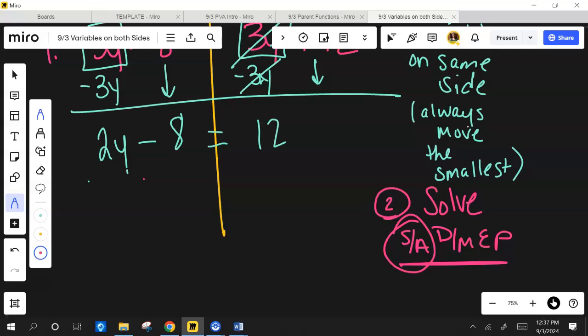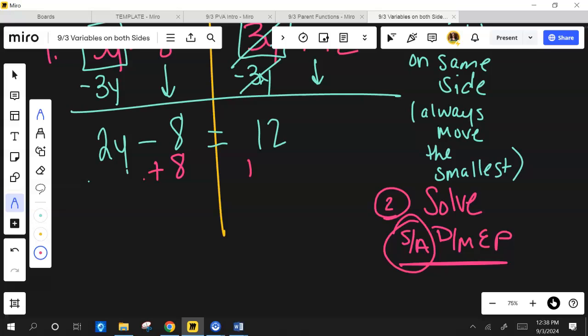Okay. So how do I get rid of subtracting something? You add. What am I adding? Look at it. Where else am I going to add it?